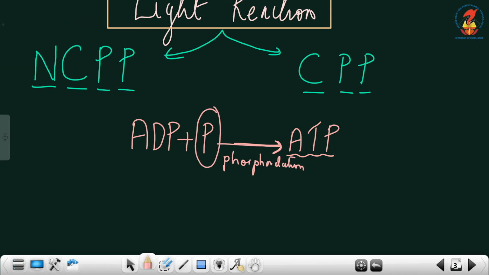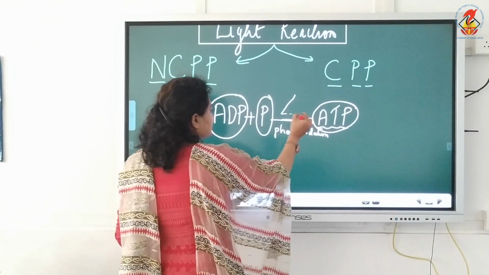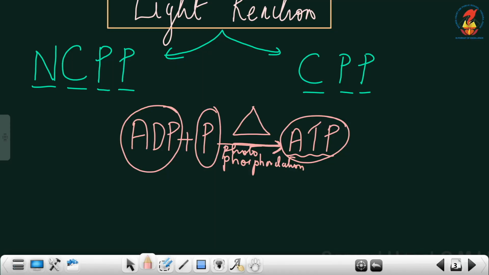The addition of phosphate to adenosine diphosphate to form adenosine triphosphate is known as phosphorylation, and this occurs in the presence of sunlight. Therefore, it is called photophosphorylation. So definitely you know in NCPP and CPP this event is occurring, that is ADP plus P in the presence of sunlight forms ATP.